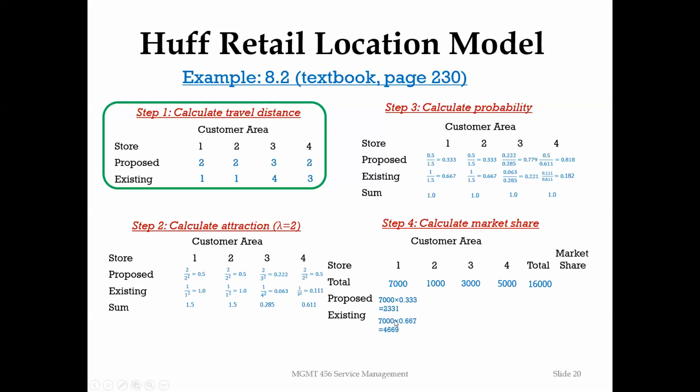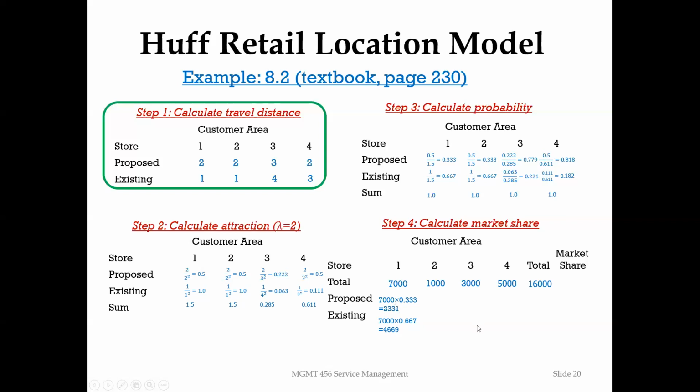Similarly, for these $7,000, the rest is 0.667. This much percent will be spent in the existing store, which is $4,669. So out of these $7,000, $2,331 will be spent in the proposed store, and $4,669 will be spent in the existing store. So how do we get this? Based on the purchasing probability.